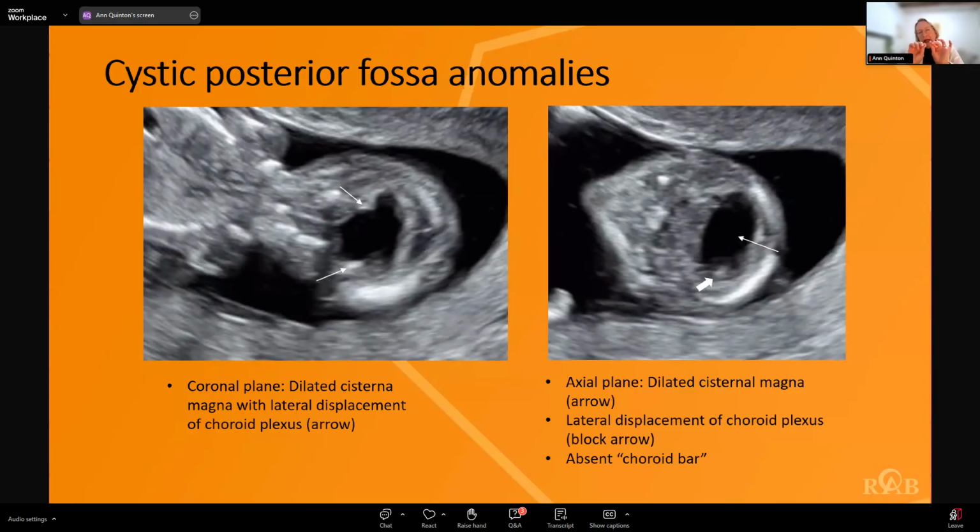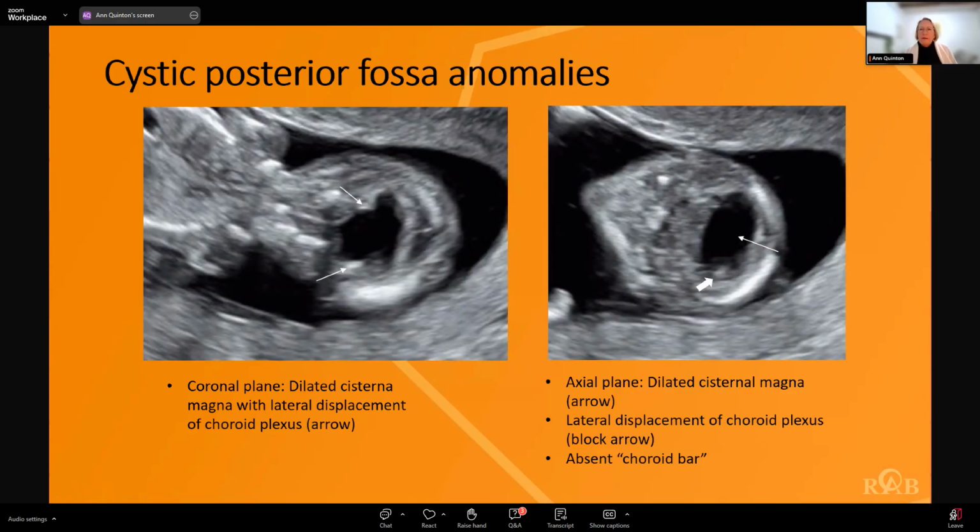Those two little echogenic dots that were on either side of the fourth ventricle, which is in this area here, were very close together, and see how widely spaced they are. And here's the axial view here, and you can see this little echogenic dot over here. This is the choroid plexus. So it is really widely spaced, and we're not getting that nice echogenic, thick, white choroid bar that we see in the normal brain.